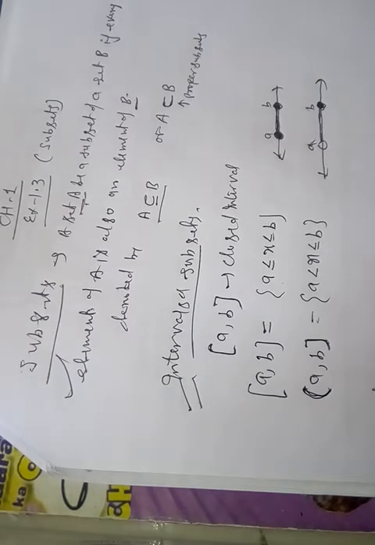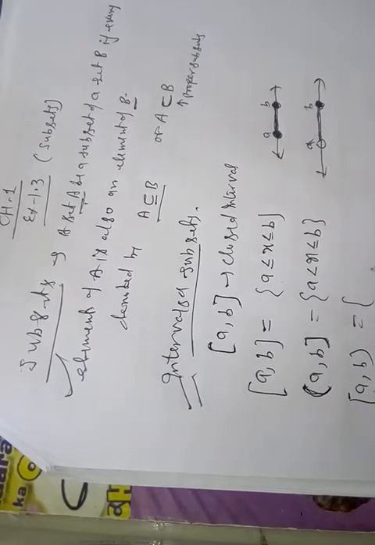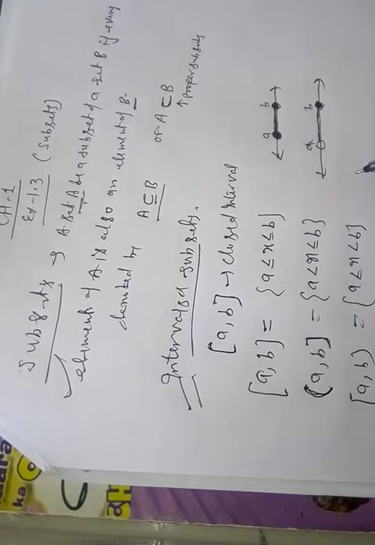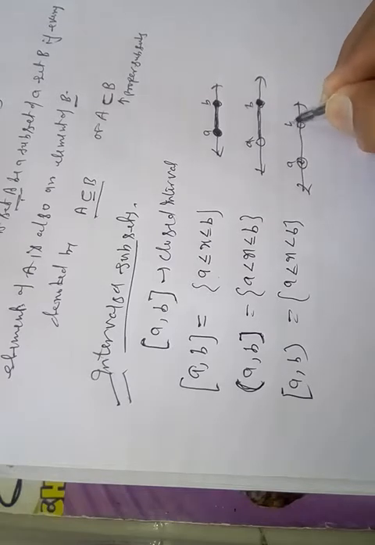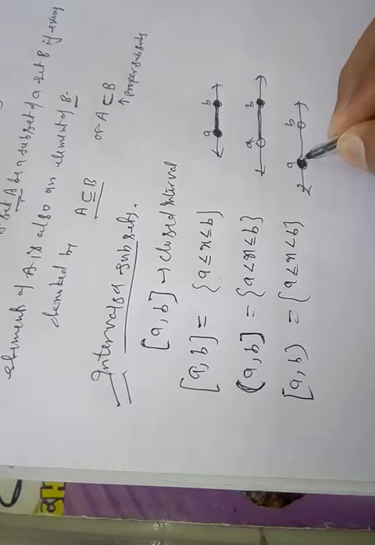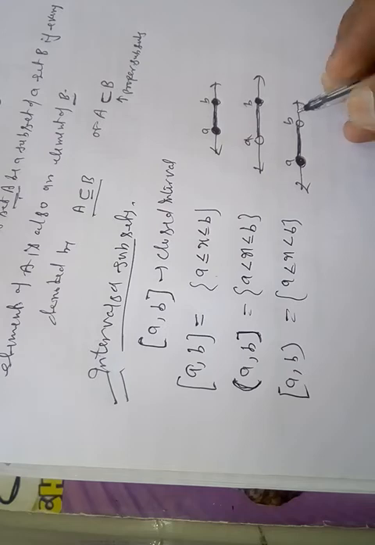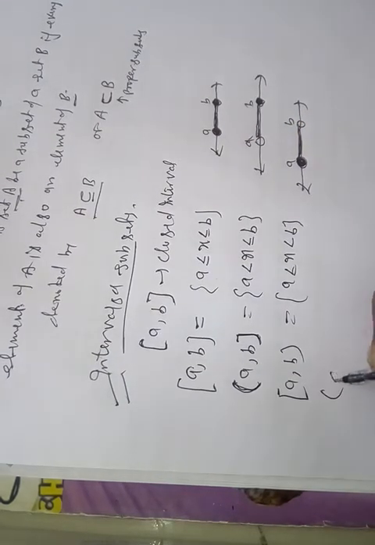And similarly the interval (a, b). This type is a is less than x is less than b. In the graph, A and B are both open, and the line is drawn between them.